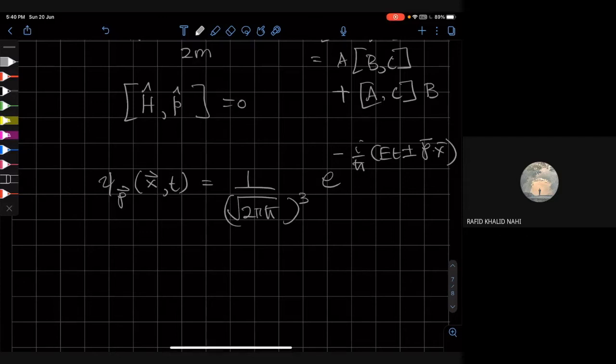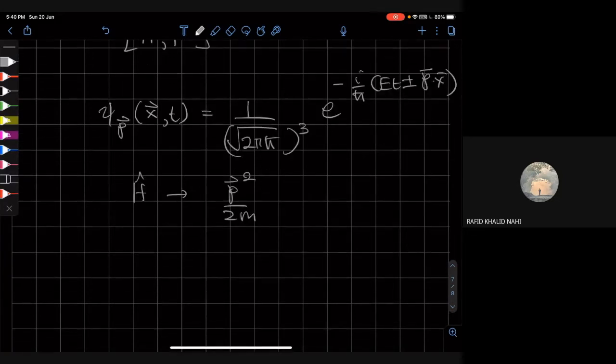Its energy eigenvalue is just p squared by 2m, and its momentum eigenvalue is just p.